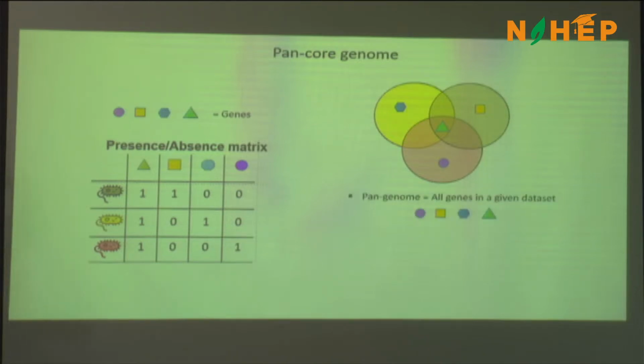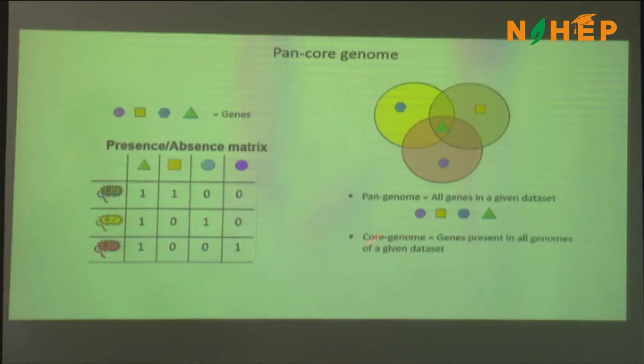So we have different concepts inside the pan-core genome. First, we have the pangenome. The pangenome is all the genes in a given data set. So our data set is this, and we have 4 genes, right? So this will be the pangenome.